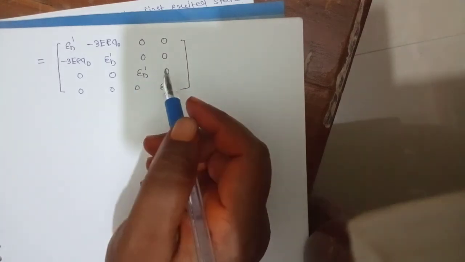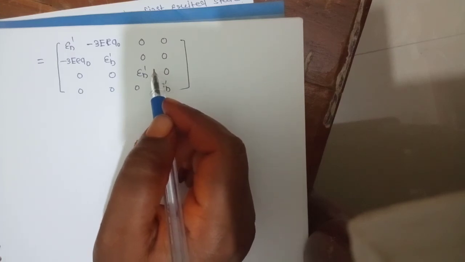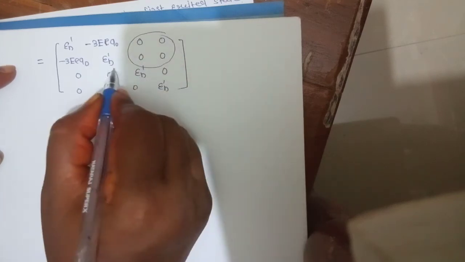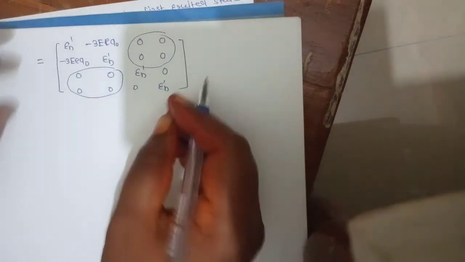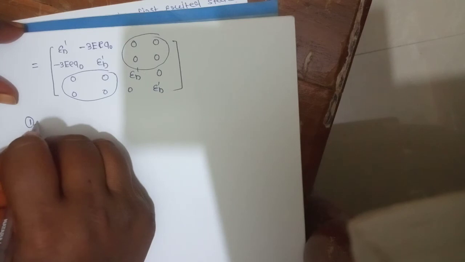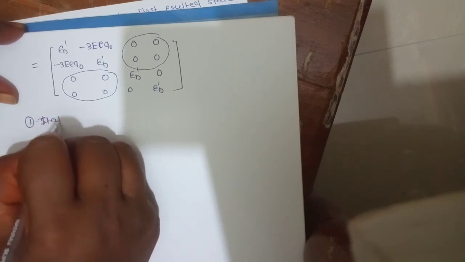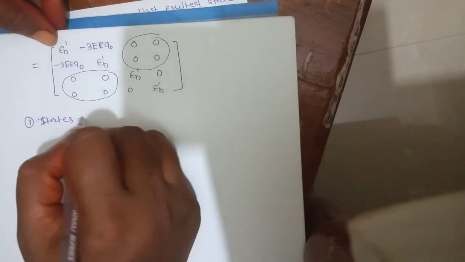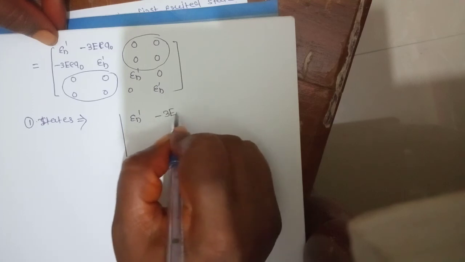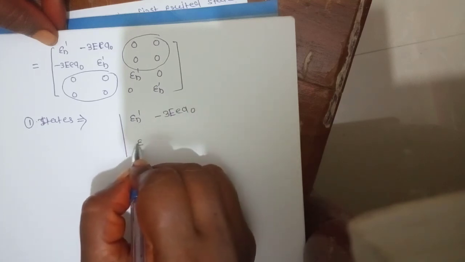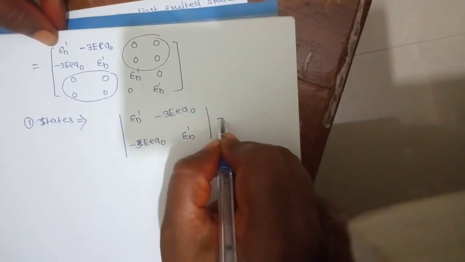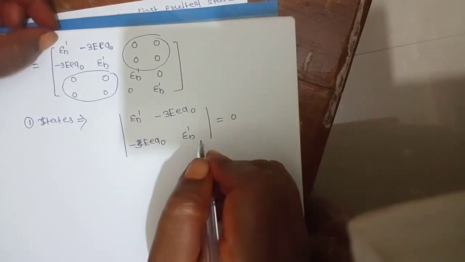Now how to calculate the eigenvalues. So here four elements are 0, and again four elements are 0. Only that 2 into 2 matrix remains here. So first write for the first two states. That matrix: en1, minus 3 e a naught, minus 3 e a naught, again en1, equal to 0.